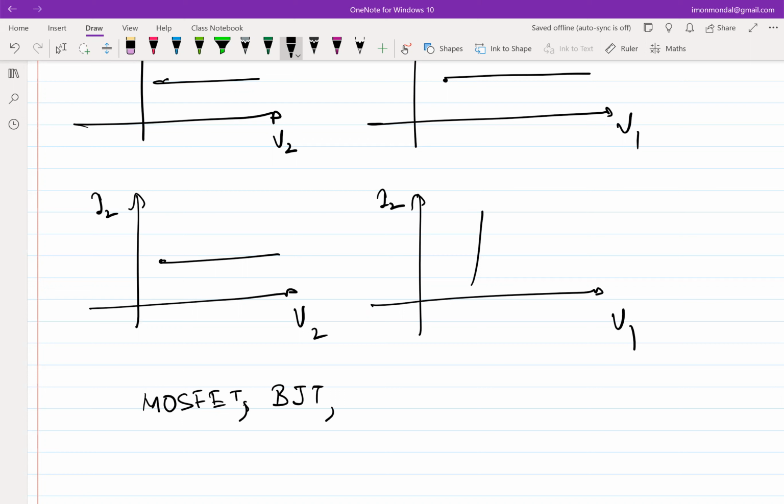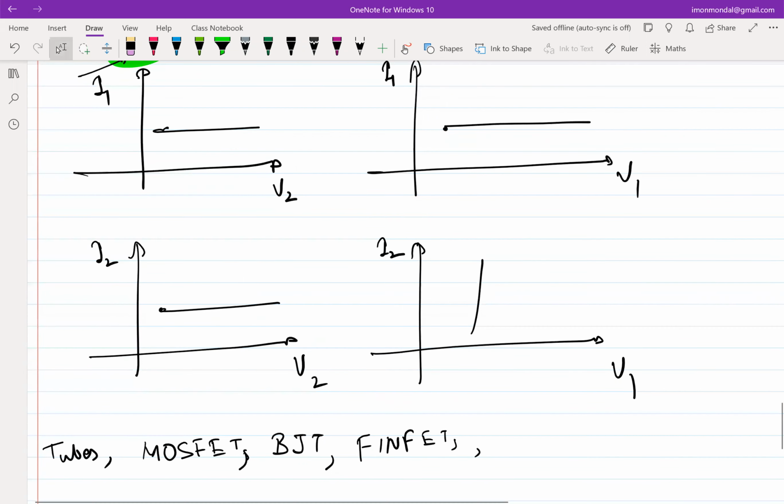So MOSFETs, BJTs, modern day devices like FinFETs, some gate-all-around FETs, and if we go back in time, your CRTs, or let me just call them tubes. Okay, so as it turns out, all these devices have characteristics which are similar to this. I mean, obviously not exactly equal to this, but similar to this.